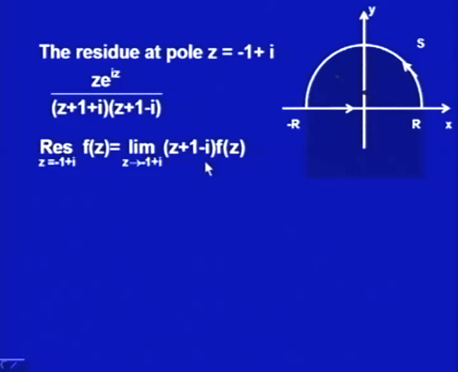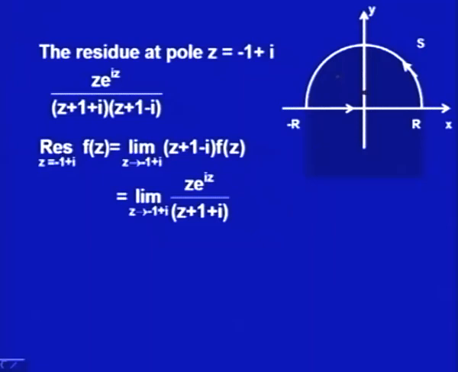Now, if I multiply f(z) with z plus 1 minus i, we see that in the denominator we have z plus 1 plus i and z plus 1 minus i. So what I would actually get is the limit as z approaches minus 1 plus i of z e to the power iz upon z plus 1 plus i. This limit is just evaluated at z equal to minus 1 plus i.